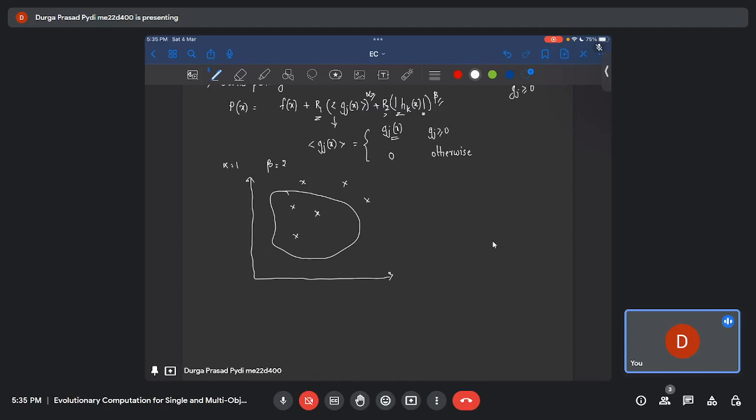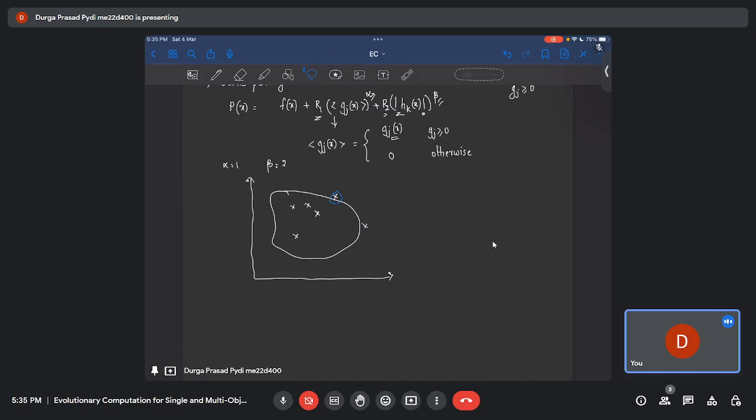What essentially happens over time is that all these solutions will move into the feasible space. Once they move into the feasible space, the penalty parameters have no such role. But it can also happen that some points stay just around the corner and do not come into the feasible space. You are penalizing points very close to the boundary and points too far from the boundary.